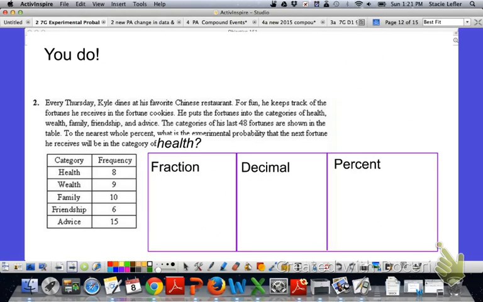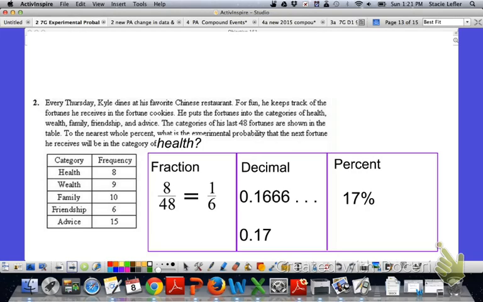Here we have the exact same scenario, except we're going to find the experimental probability that the next category will be for health. Pause the video and find the fraction, decimal, and percent probability of getting health. So the fortune cookie for health was 8 times out of 48, which is 8/48, which simplifies to 1/6.